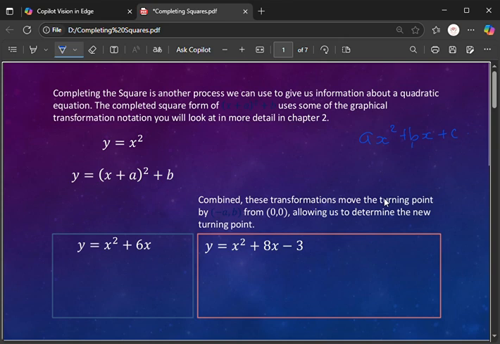The number in this position is always called the sum, and the number in this position is called the product. We also learned how to manipulate quadratic equations and solve them using factorization. For that, you could go to the previous video and watch it.